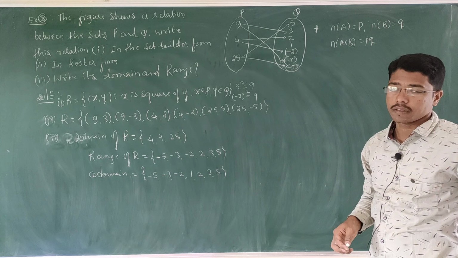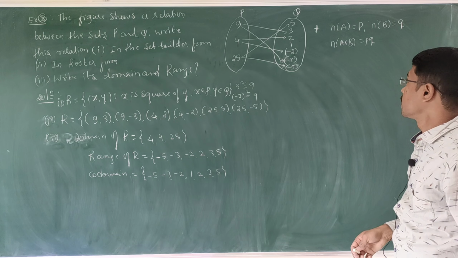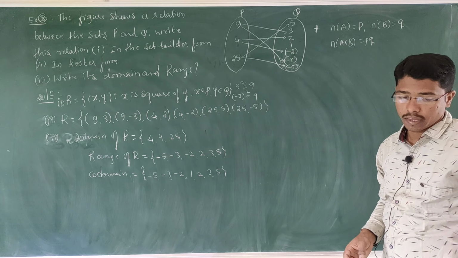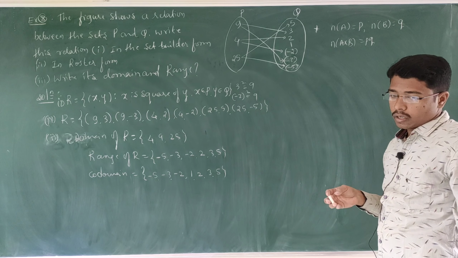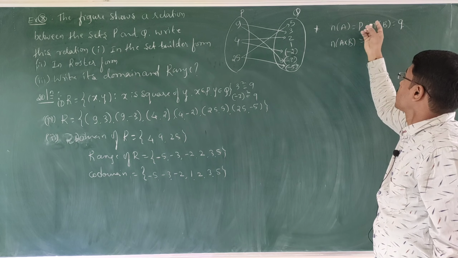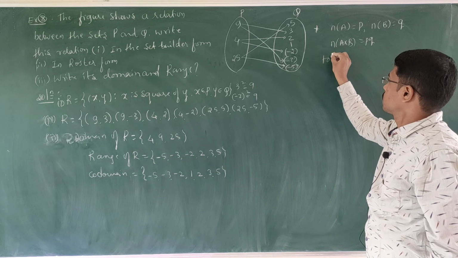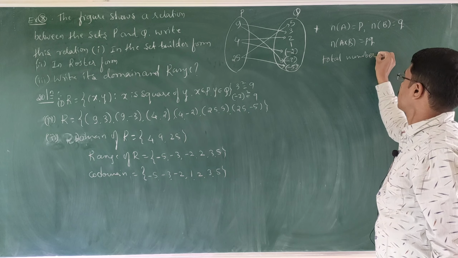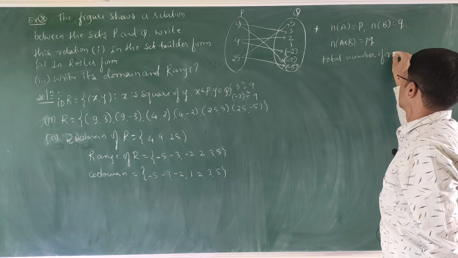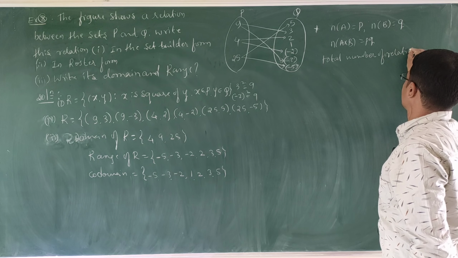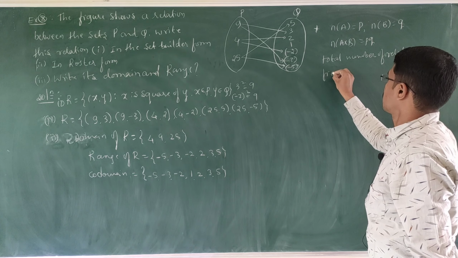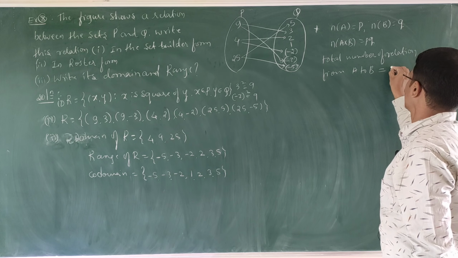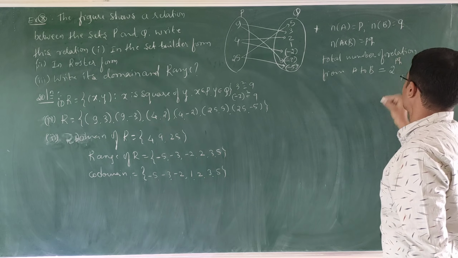The number of elements in the Cartesian product is PQ. Then the total number of relations from A to B is equal to 2 power PQ.